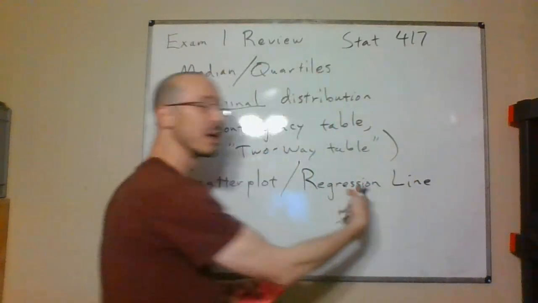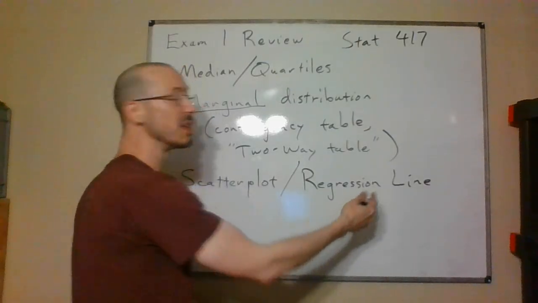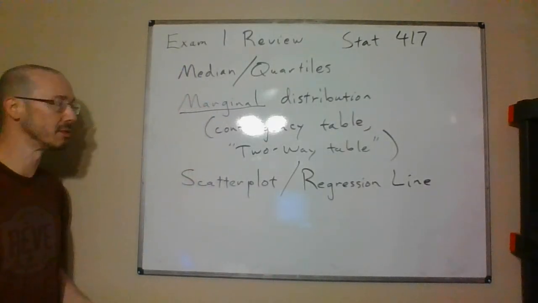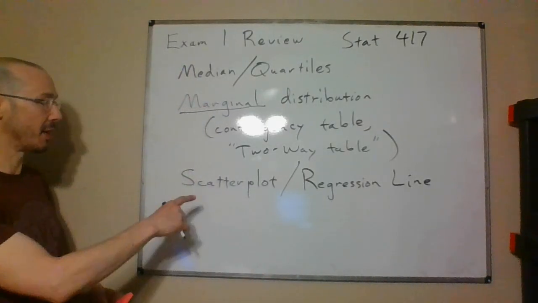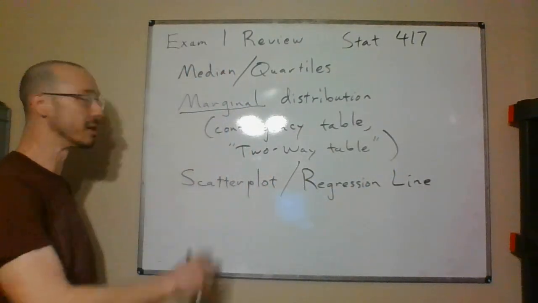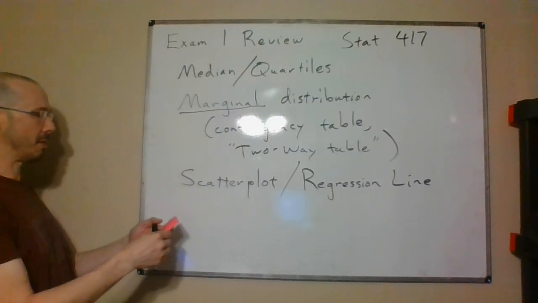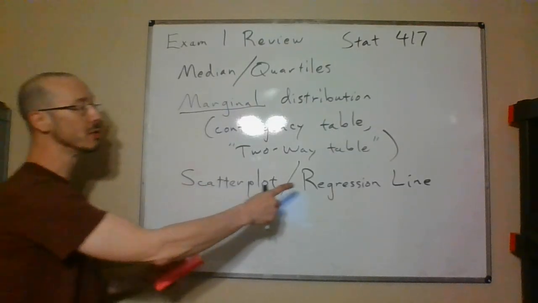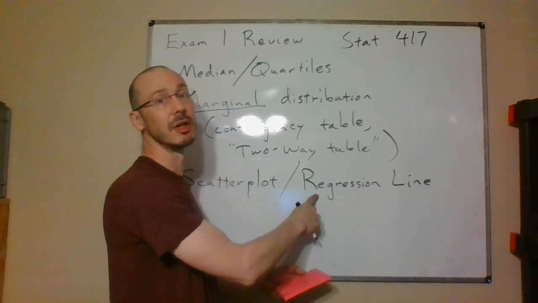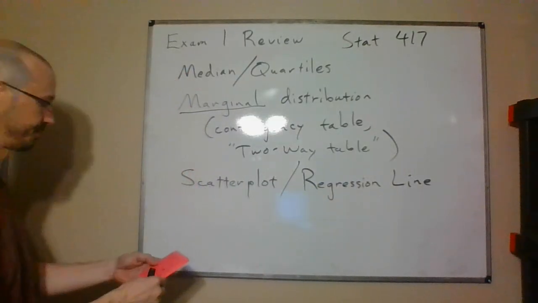So that'll be a y equals mx plus b, a line that's also called the least squares line for historical reasons. So this is kind of one topic. It's a couple problems, one of each on the exam, but making the scatter plot, and then you'll use your calculator to find the coefficients of the regression line, the slope and the intercept.